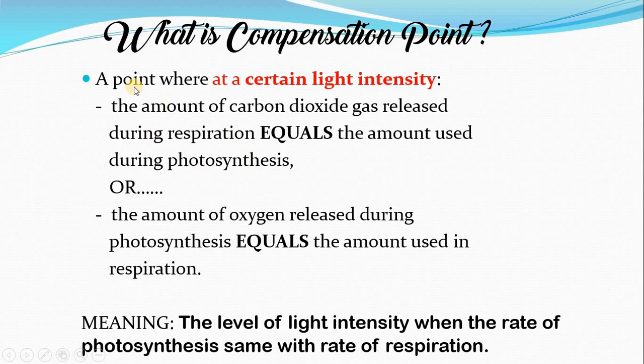I repeat, it is a point where at a certain light intensity, the amount of carbon dioxide gas released during respiration equals the amount used during photosynthesis, or the amount of oxygen released during photosynthesis equals the amount used in respiration. That is a compensation point.